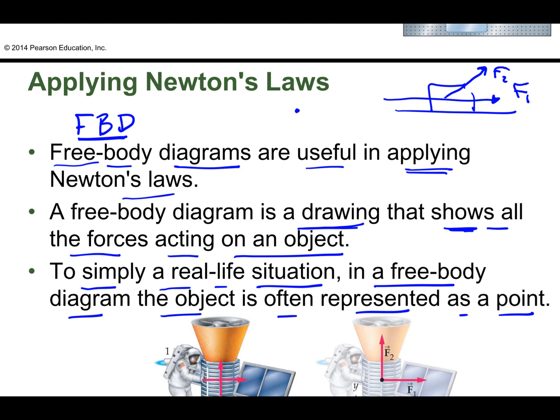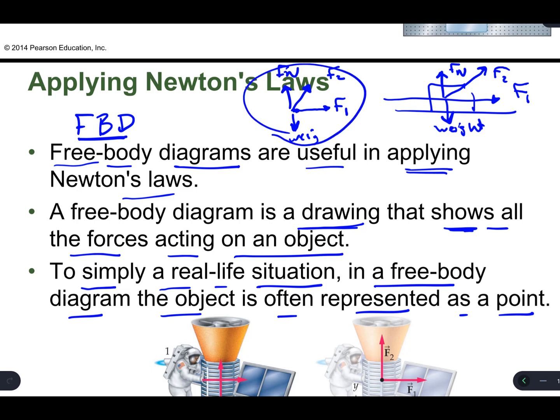For the first force, just an arrow represents the direction, F1. For the second force, another arrow represents F2. And imagine there is the weight downward, so there is a force downward, weight. And there is a force upward, F normal. That's what we call a free body diagram.